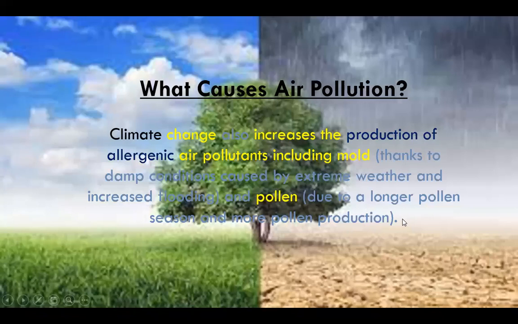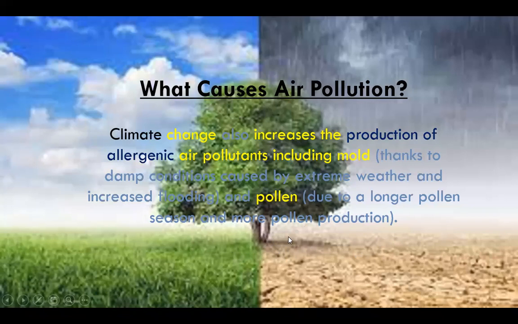As we can see in the picture here, on the left we have what nature has given us, and on the right, when climate change happens, it increases things like air pollutants, mold, and pollen, and our environment is slowly changing from good to bad.